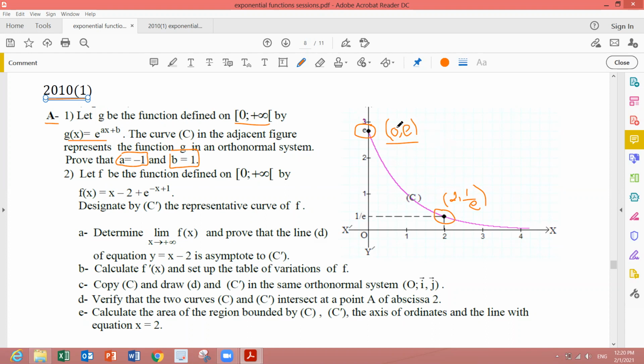It means that at x equals 0, how much will y be? e. At x equals 0, y equals e.